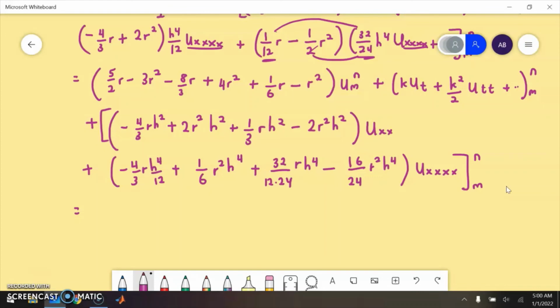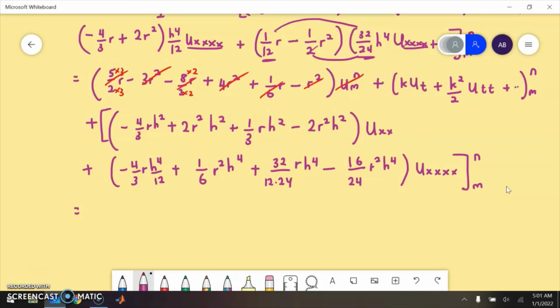So let's see. We can see that for r squared here, 3r plus 4r will leave me with 1r minus this r. So this term cancels out. Now for this term, let's multiply the denominator by 2 and 3. So 15 minus 16 is negative r plus r. So this term cancels out too. So the u term cancels out.